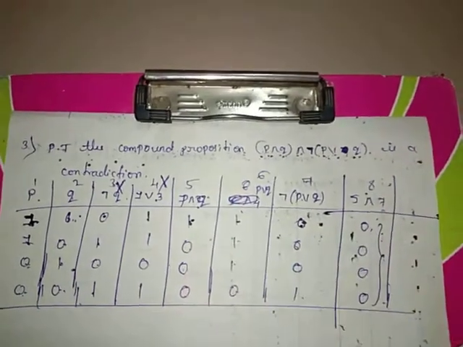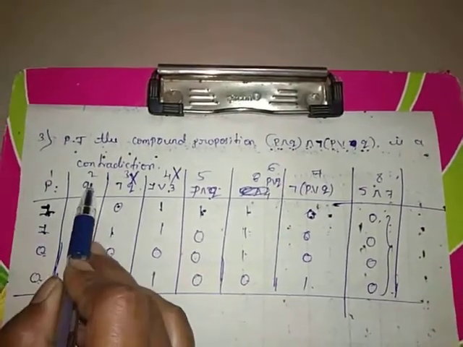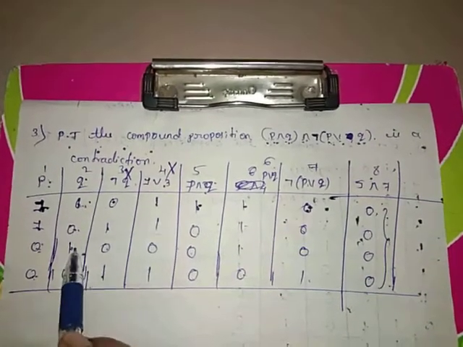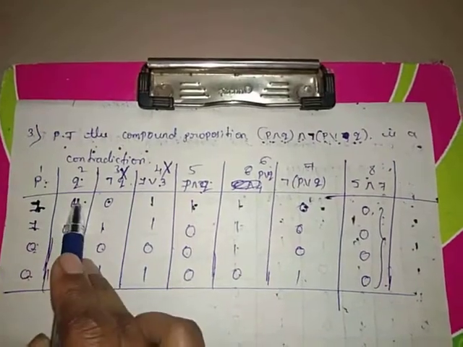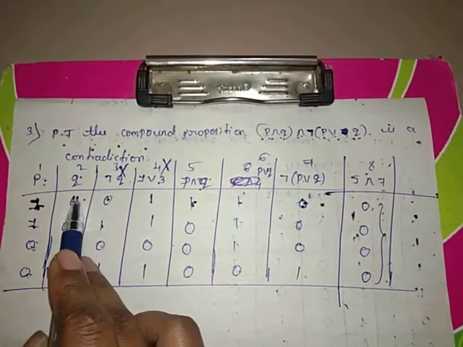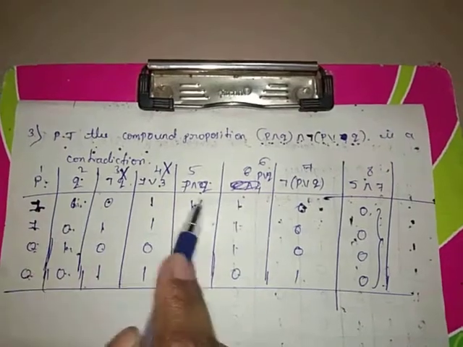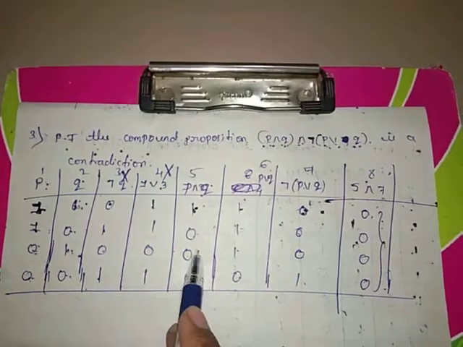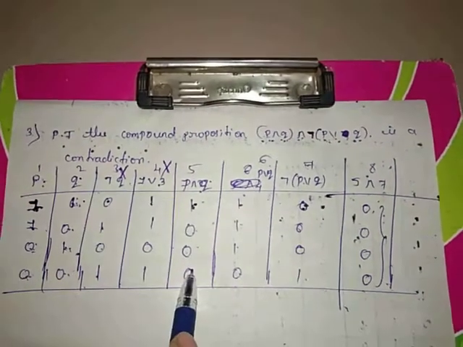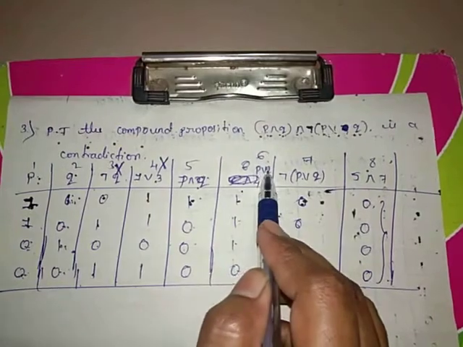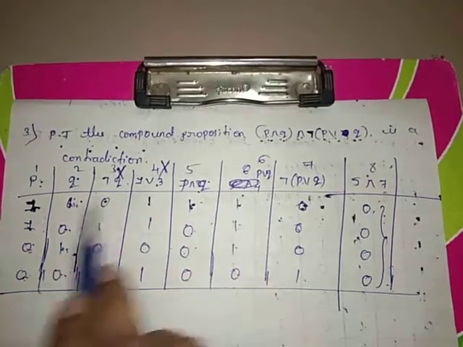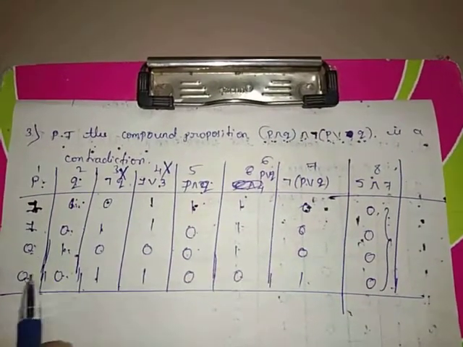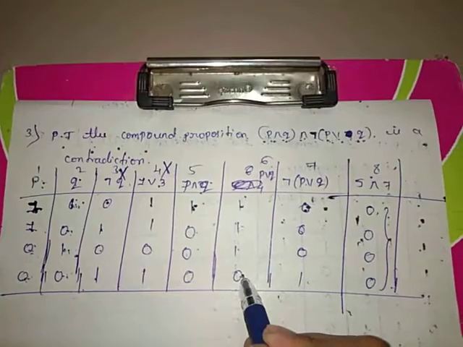To prove the proposition, first we take P and Q: P is 1 1 0 0 and Q is 1 0 1 0. Then P and Q: 1 and 1 is 1, 1 and 0 is 0, 0 and 1 is 0, 0 and 0 is 0. Next P or Q: 1, 1, 1, 0.